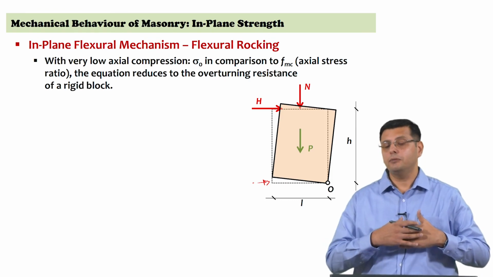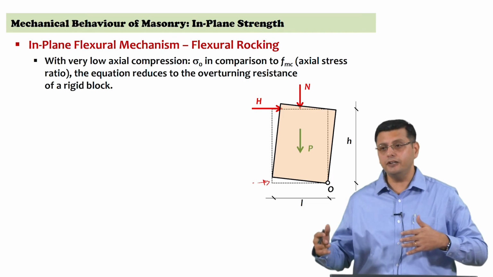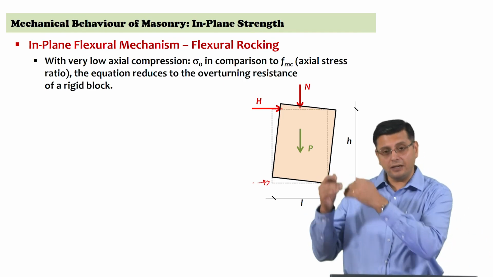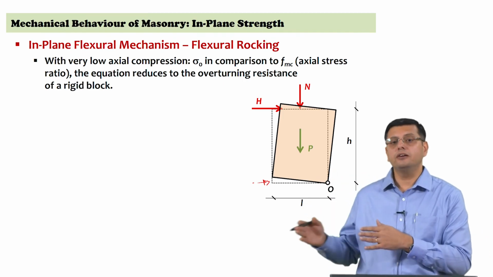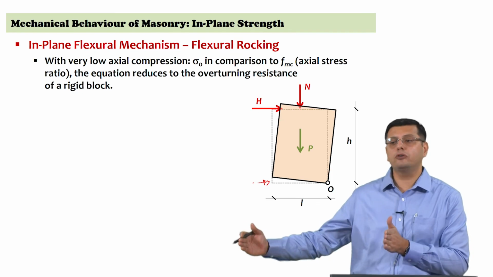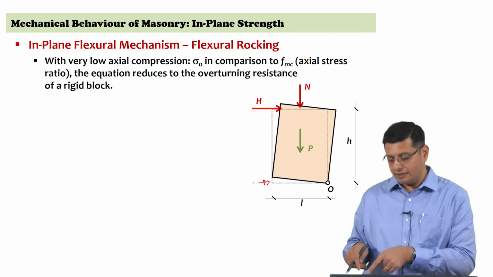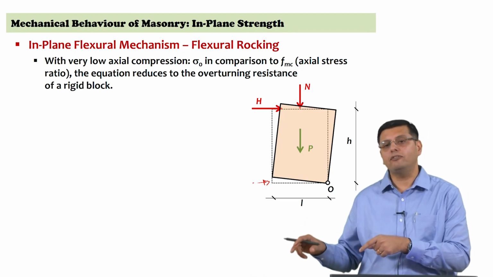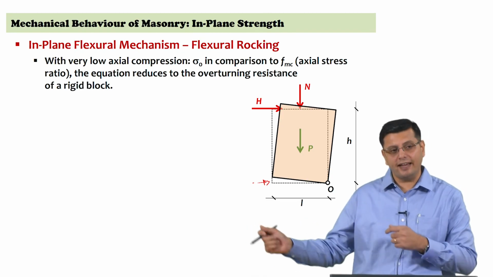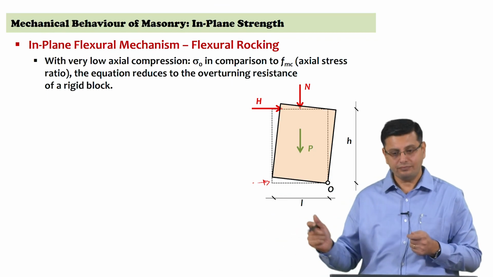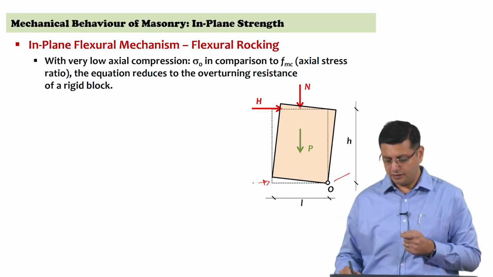But once heel cracking occurs and continues, since the precompression levels are low, a significant part of the wall undergoes cracking, with only almost a hinge at the other end which is equilibrating, right, and that is this point O.